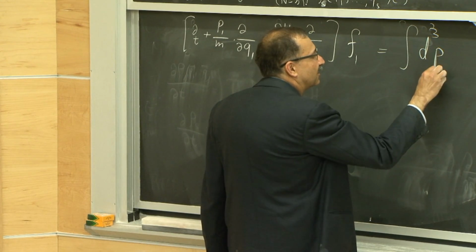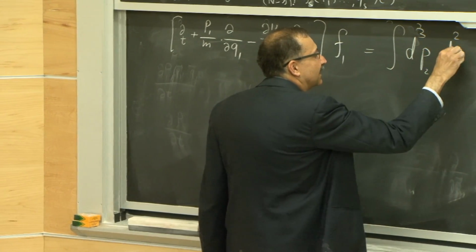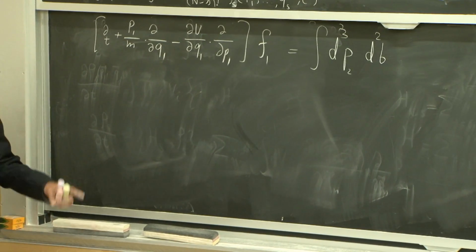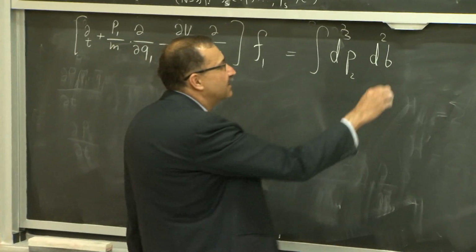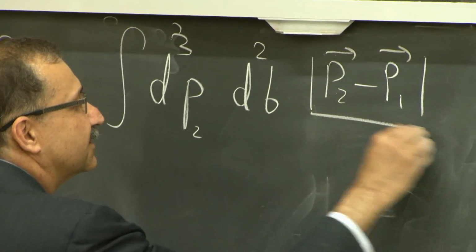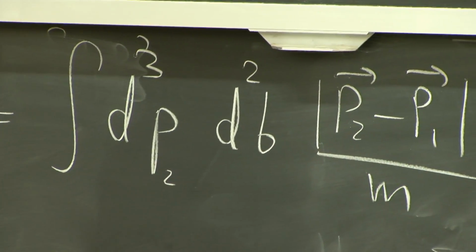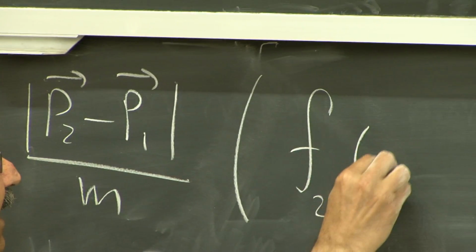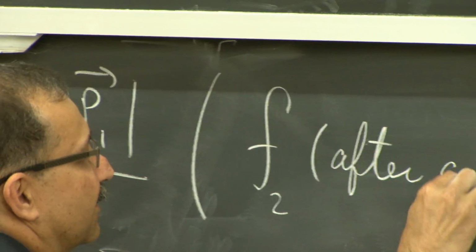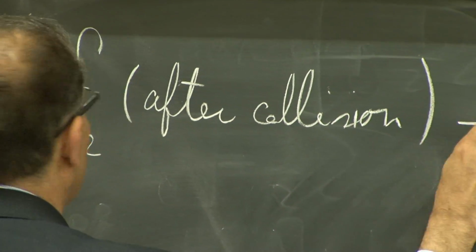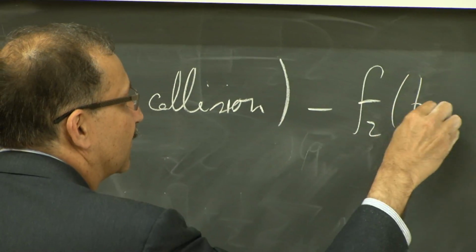On the right-hand side, what we find is that I need to integrate over all momenta of a second particle, and something that is like a distance to the target, one term that is the flux of incoming particles, and then we would have F2 after collision minus F2 before collision.